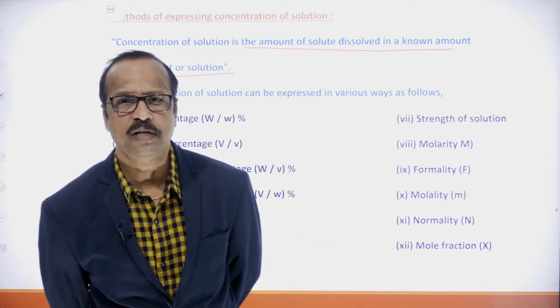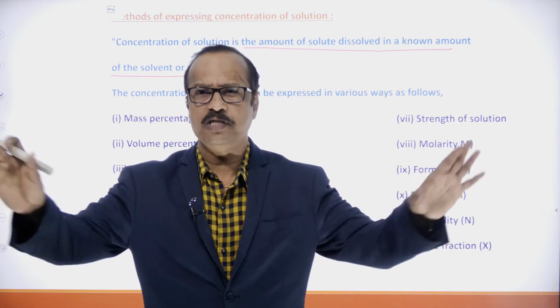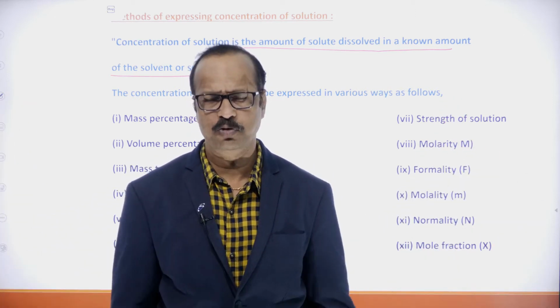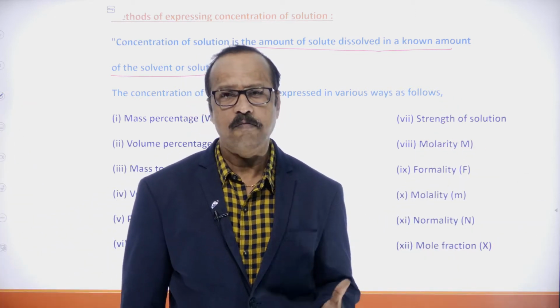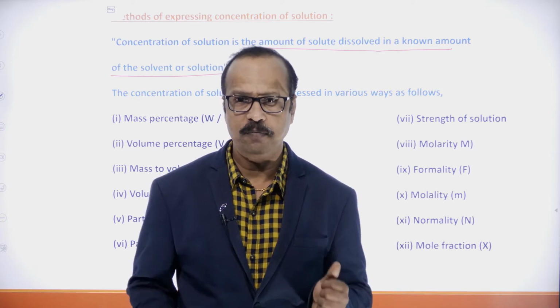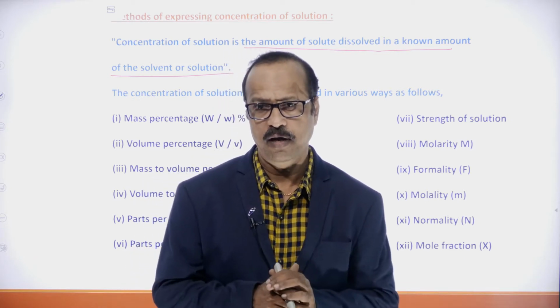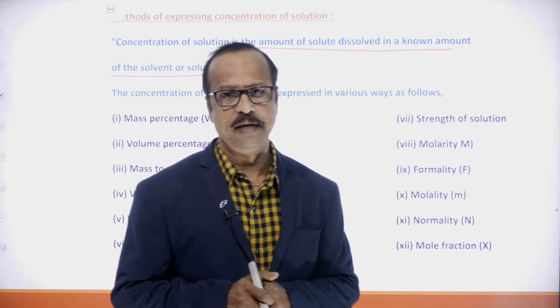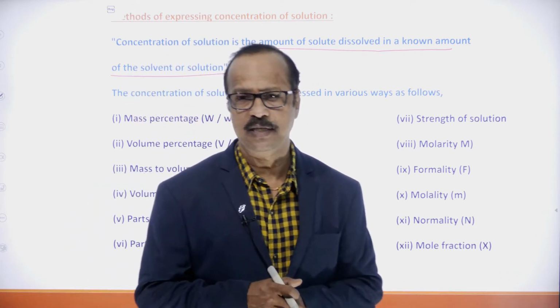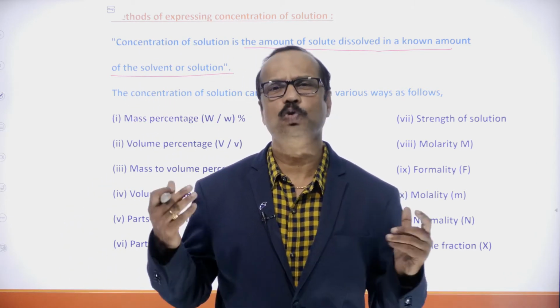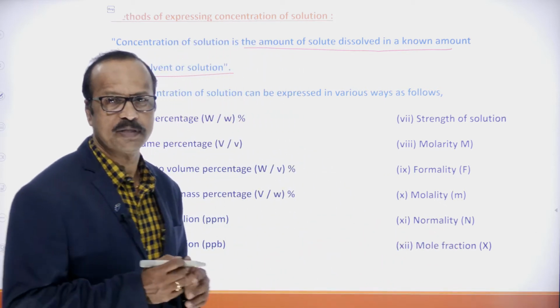Students, in chemistry the concentration of a solution can be expressed in various ways. So many ways are there, but here we are going to discuss a few which are very important. Once you see on the screen, or in your textbook or material, there are many methods to express concentration.